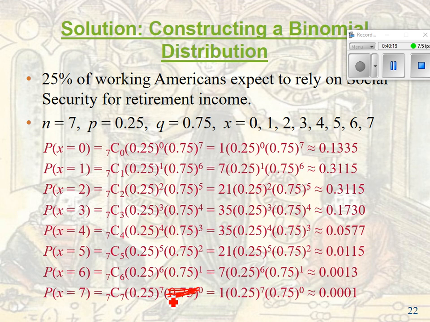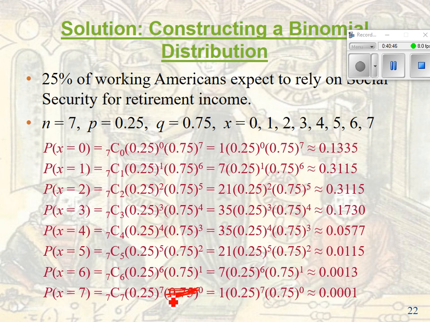It was e to the -6 or e to the -5. I just gotta remember the formula. Make sure I don't punch it in wrong. So it's 7, probability, and then taking 7 at a time.